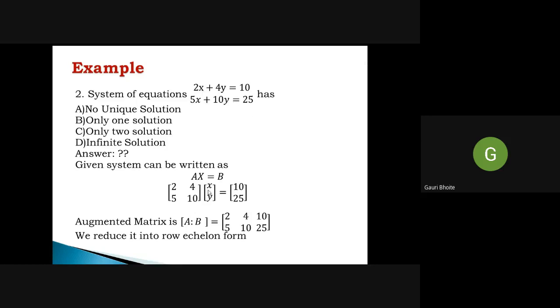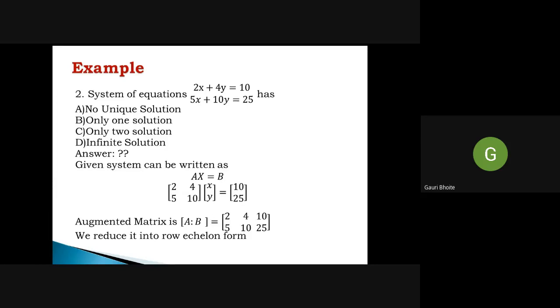Variables are x, y, so the X matrix is x, y. And the B matrix is the RHS matrix, 10 and 25. So everybody can write the given system of equations into matrix form. Here it is 2, 4, 5, 10 into x, y is equal to 10 and 25.